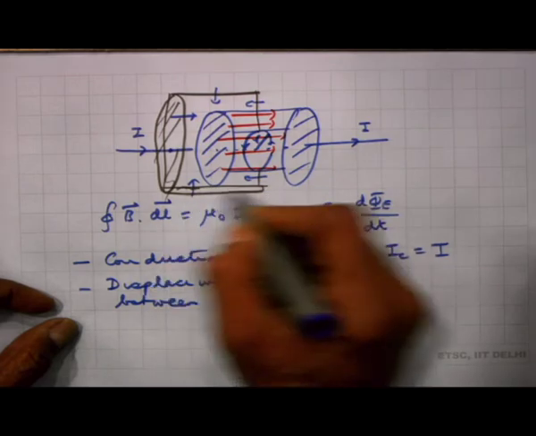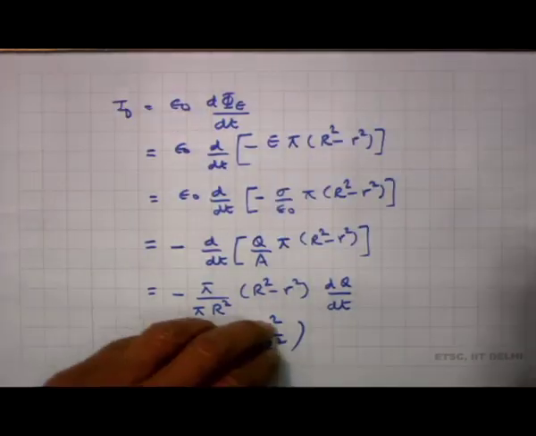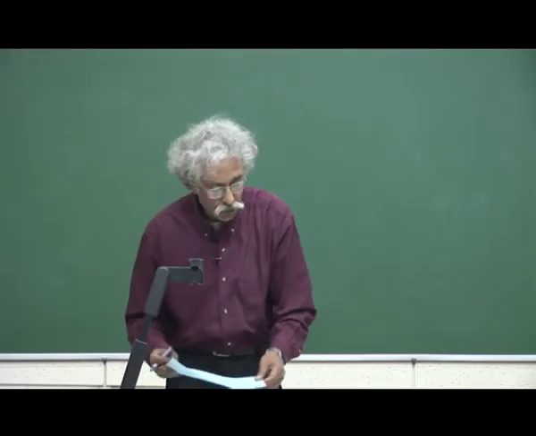There is no other current in any other surface except from here there is a conduction current entering. So, the total current that is entering now consists of these two parts.